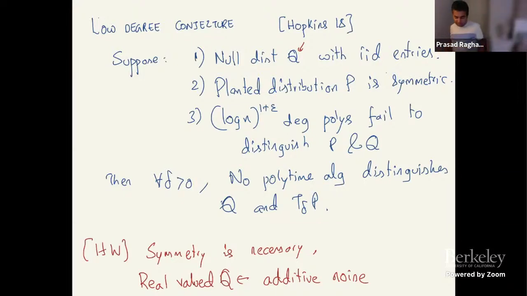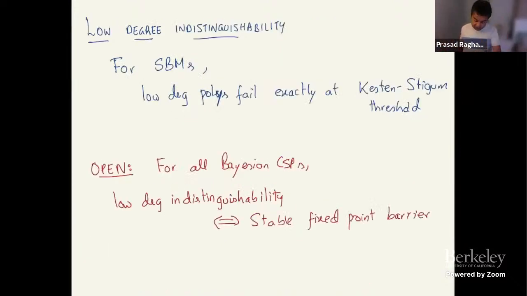But this is a conjecture that no polytime algorithm distinguishes these two, and it seems to be true in all of the cases that we have seen so far. And in fact, probably the most surprising and strongest evidence of it is in the case of stochastic block models.